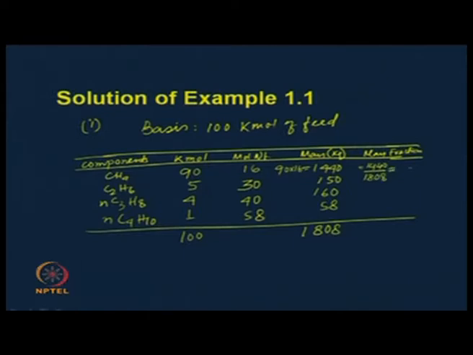So, it will be 0.80. Similarly, the next ones are 0.08, 0.09 and 0.03. So, the sum of all these is 1.0. So, these are the mass fractions.